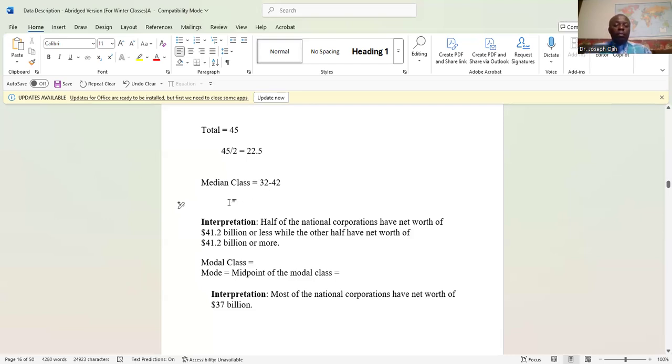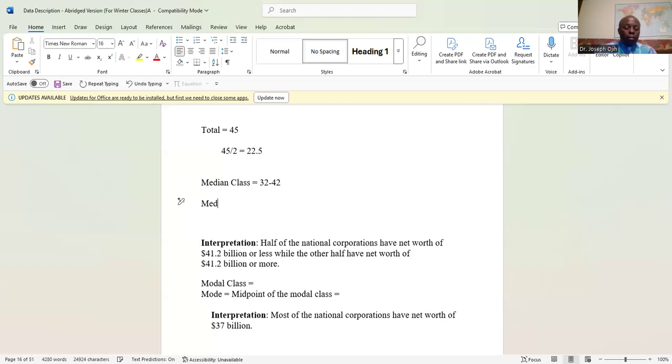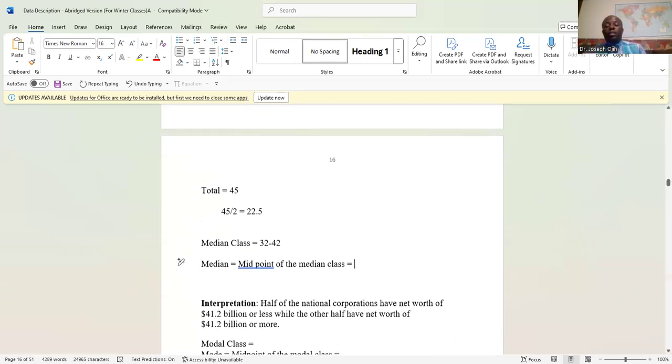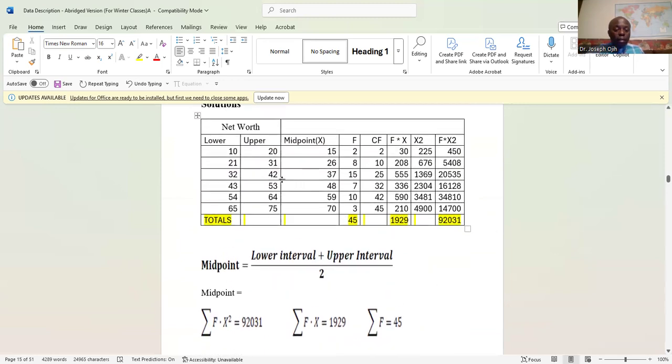So the median will be the midpoint of the median class. Median equals the midpoint of the median class, which is 37 billion.